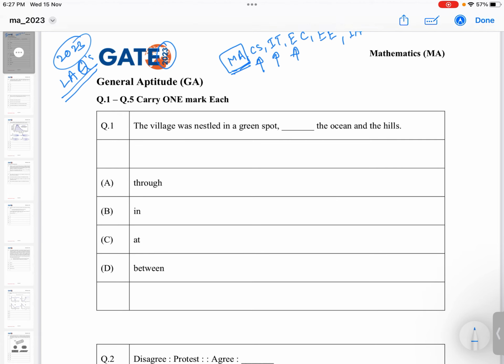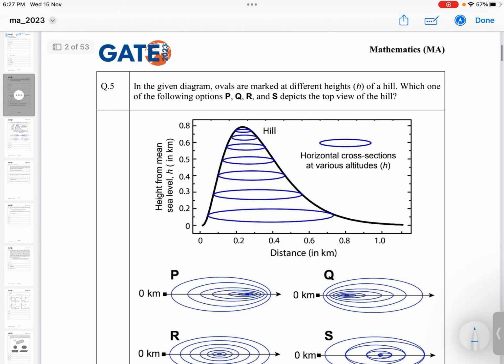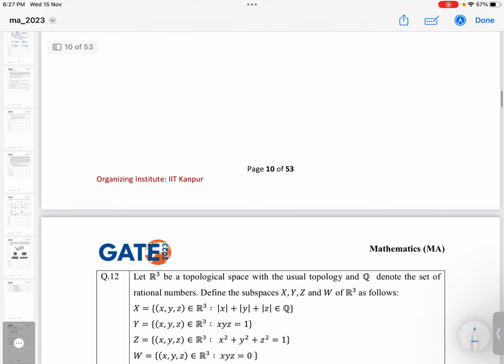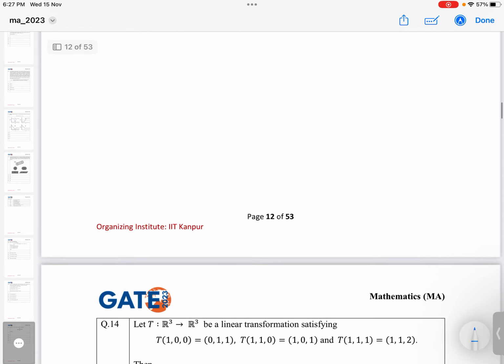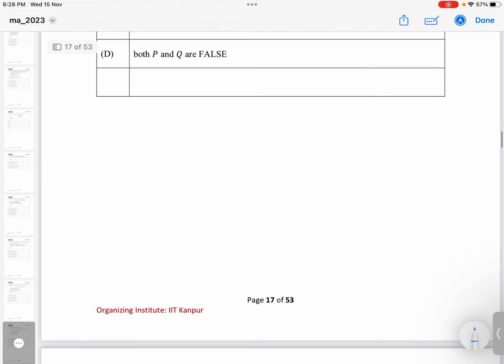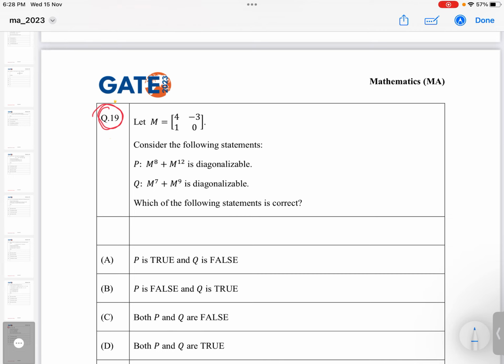Okay, so let's start with today's session. Let's look into the question. The first question is question number 19, I think. Okay, so 14, 15, 16, 19, yes. So this is the question.